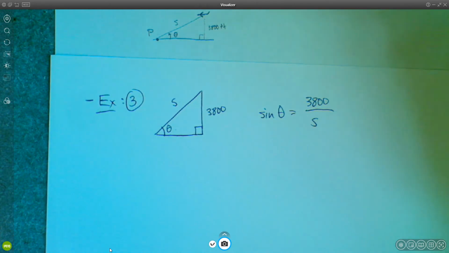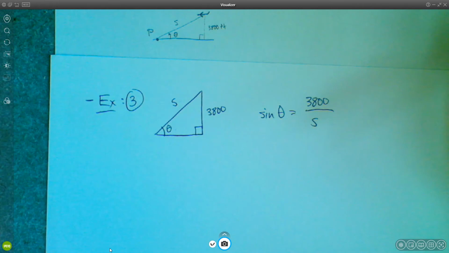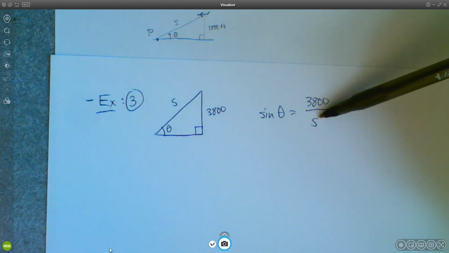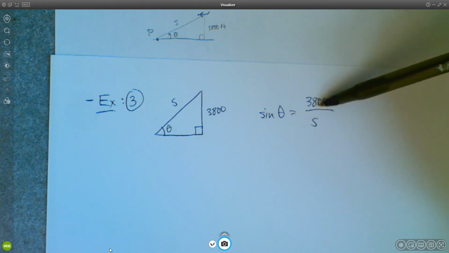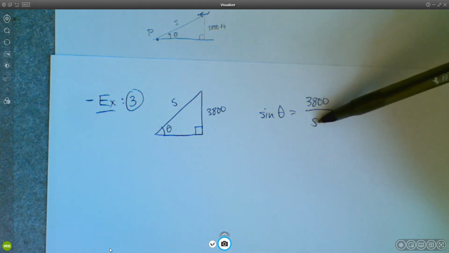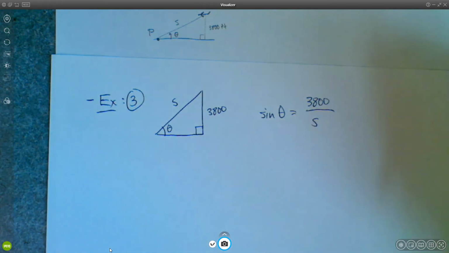Okay. Now, I want to figure out the rate at which s is changing. So I should solve for s. If I solve for s, that'll give me the distance, right? And then if I want to see how fast that distance is changing, I should take the derivative of it, right? So let's solve for s.